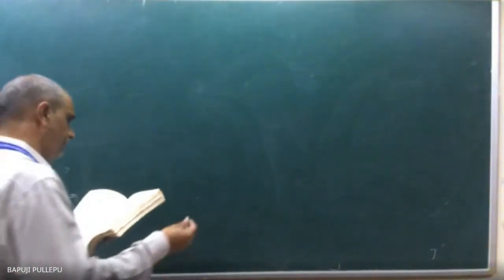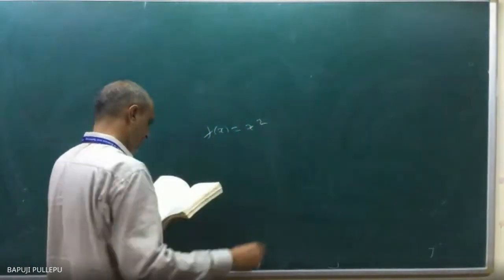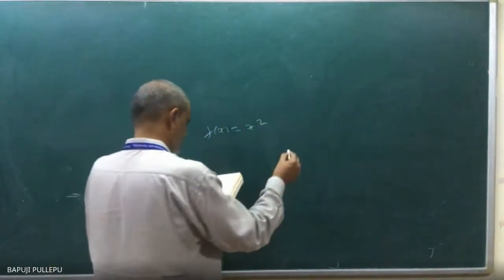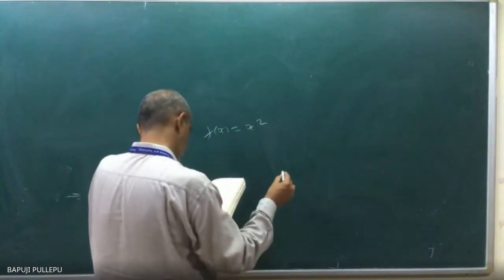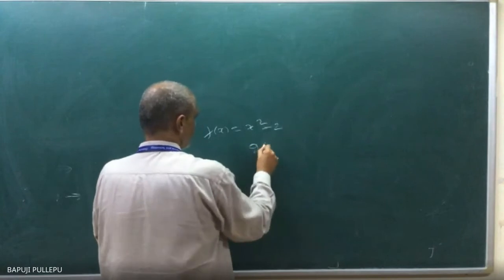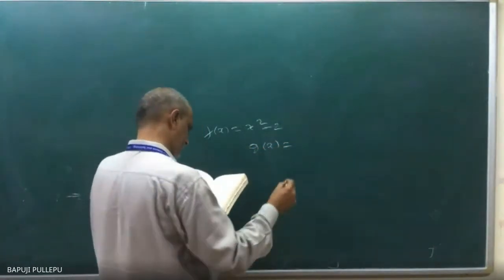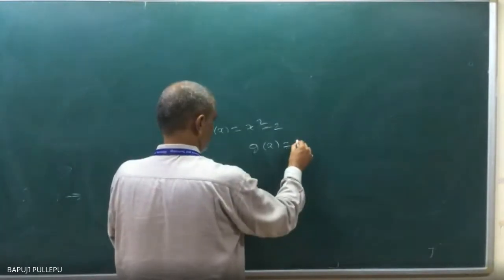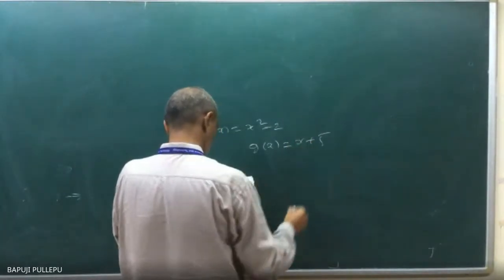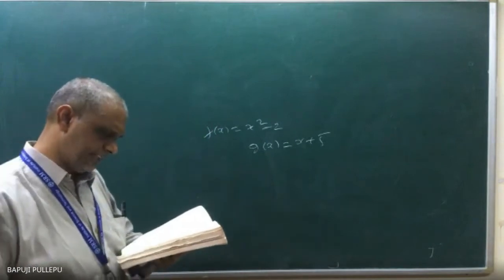See, if f of x is equal to x square minus 2, and g of x is equal to x plus 5. State whether the functions are injective, surjective or bijective.